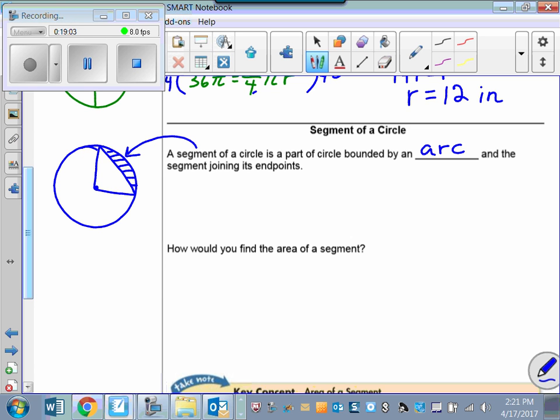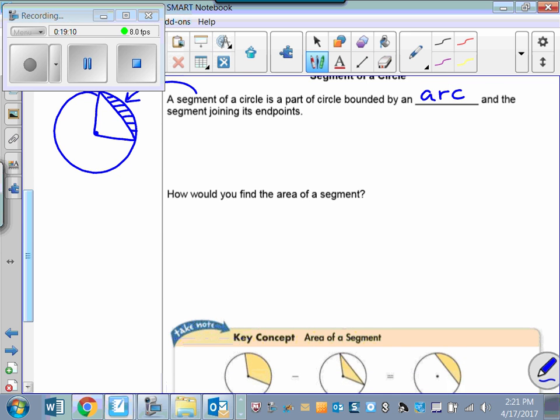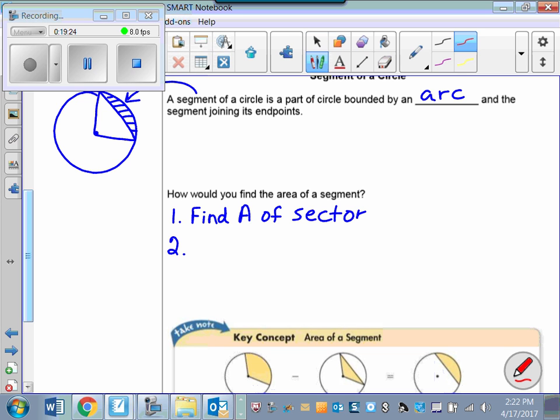So what do you think you would have to do to find the area of a segment? Well, what you would do is you would find the area of the sector, right? We just did that. Find the area of the sector. And then 2, you would find the area of the little triangle right here.